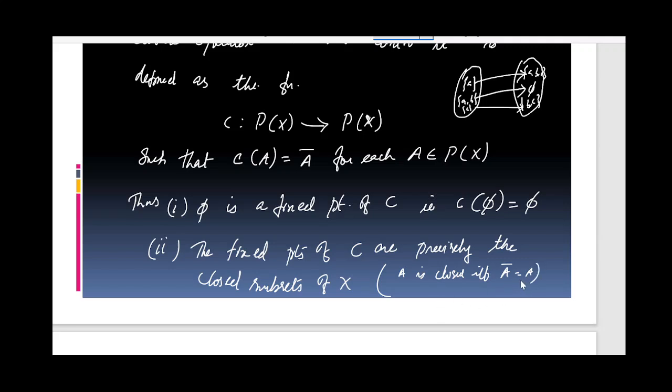Now a fixed point means C(A), which we define as A closure, should be equal to A. That is possible only if A is closed. So the fixed points are precisely the closed subsets of X.